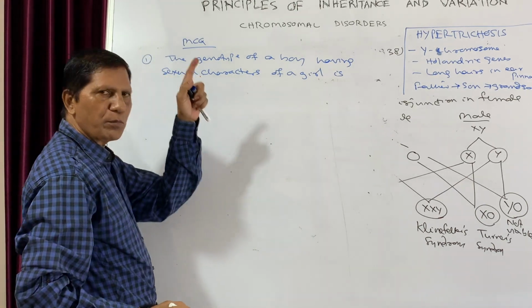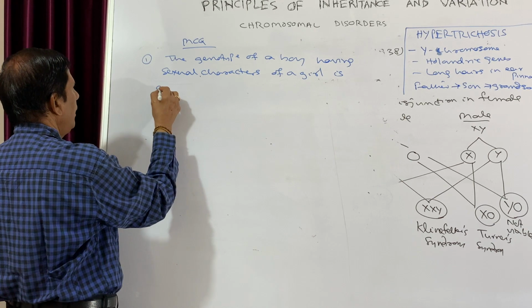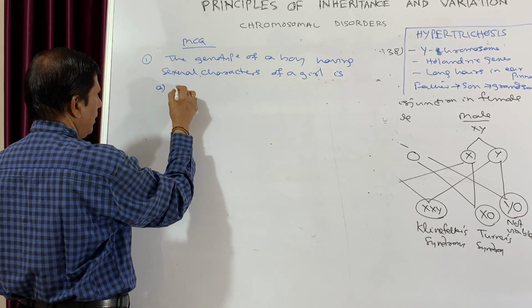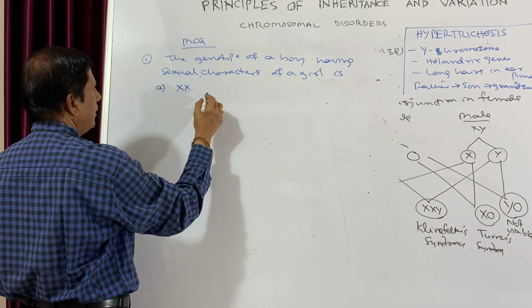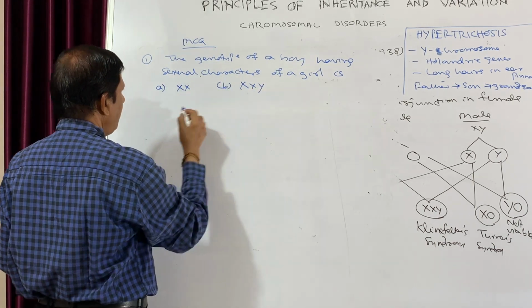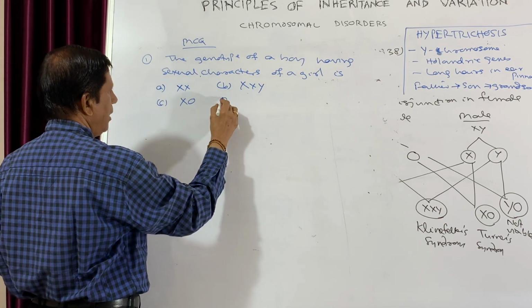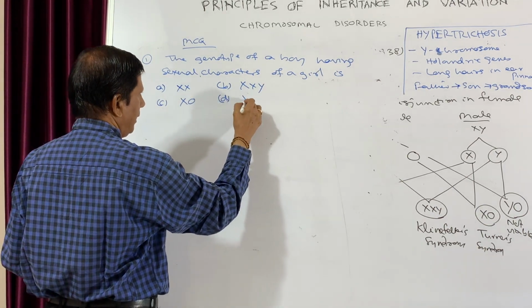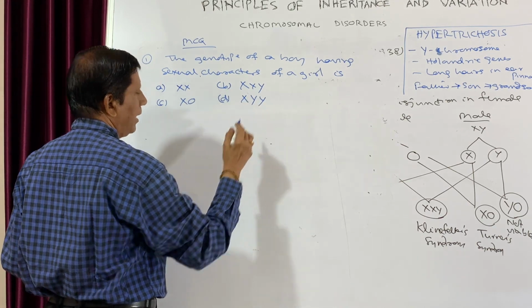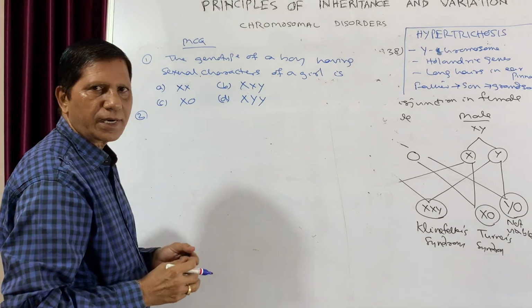One choice XX, second choice XXY, third choice X0, and the fourth choice XYY. This is one question.